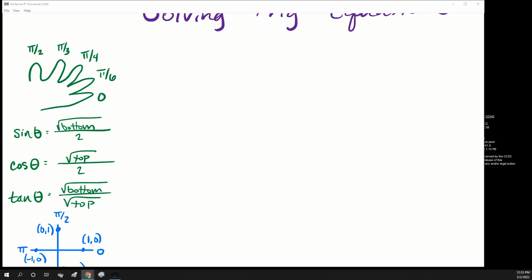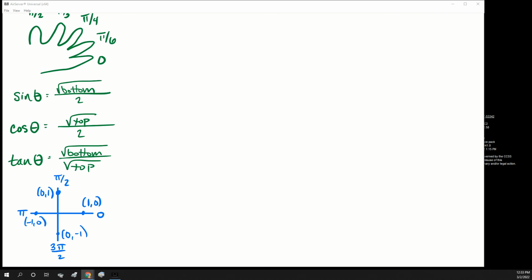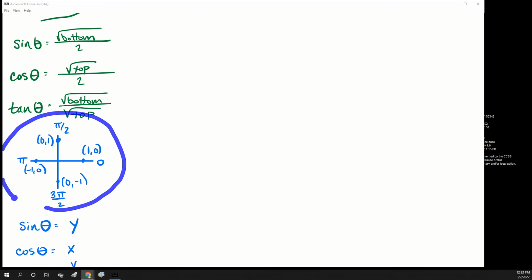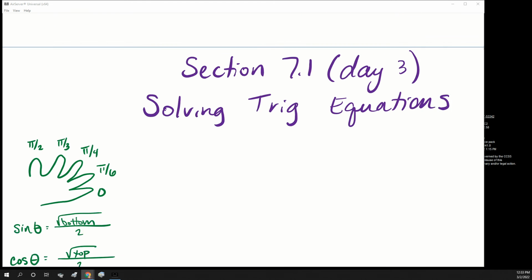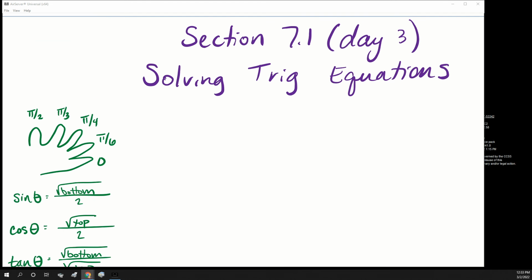So the places where secant, cosecant, tangent, and cotangent are undefined are going to be quadrant angles. We didn't talk about this before because sine and cosine are never undefined. But with these new equations, you just need to remember that quadrant angles might be extraneous solutions.